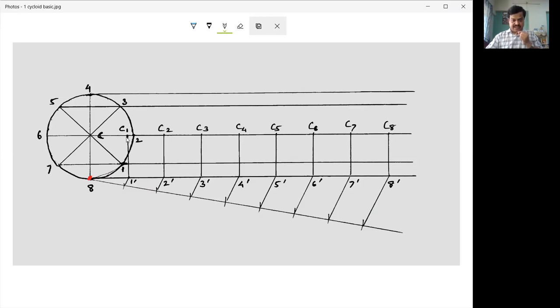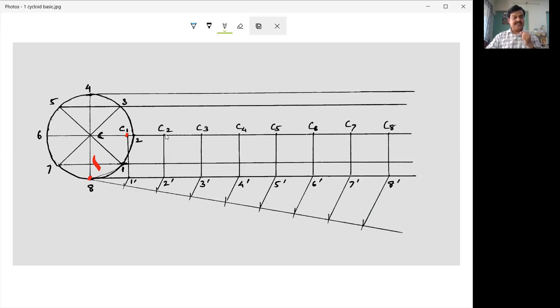When the center reaches C1, 8 would have reached this level. Hence, to locate the position of 8, with the radius C to 8 and with C1 as center, cut an arc 1 level above, that is on the level of 7. I repeat, the radius taken is C to 8. With C1 as center, cut an arc on this line, the line passing through 7.